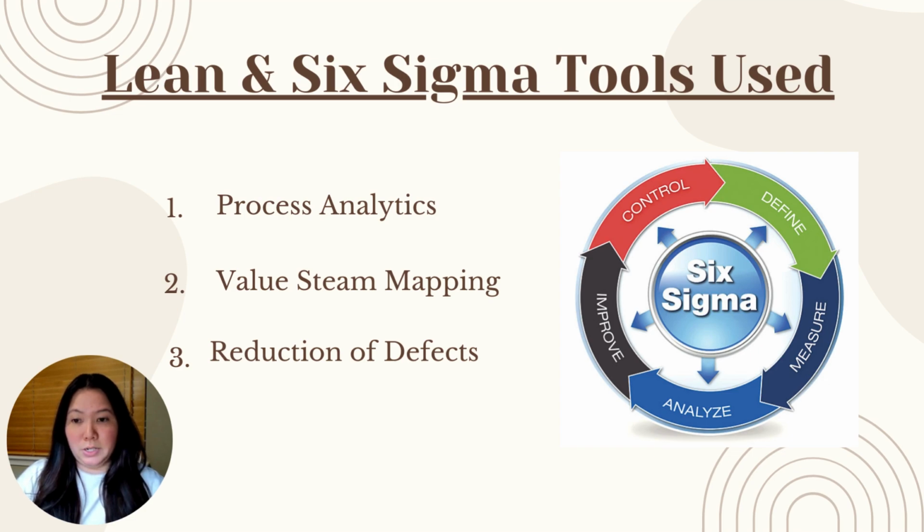And then under reduction of defects, AI diagnostics, for example, identifying patterns in symptoms and lab results, can reduce human defects and improve diagnostic accuracy. AI can also optimize triage by analyzing patient history and prioritizing based on severity.